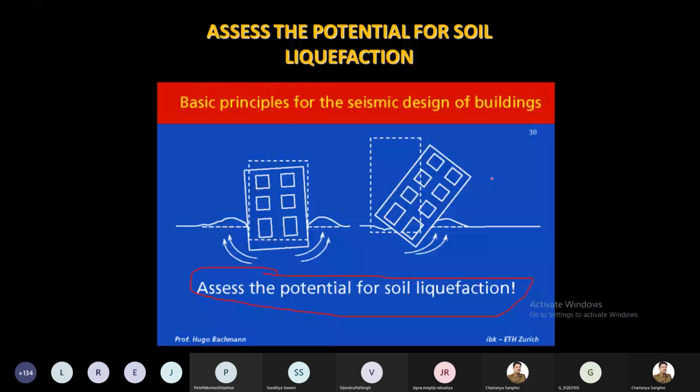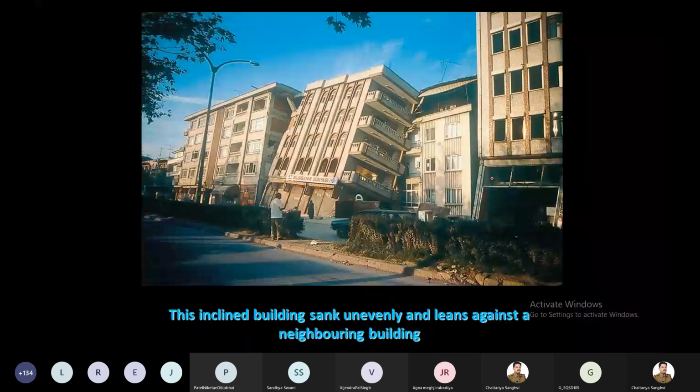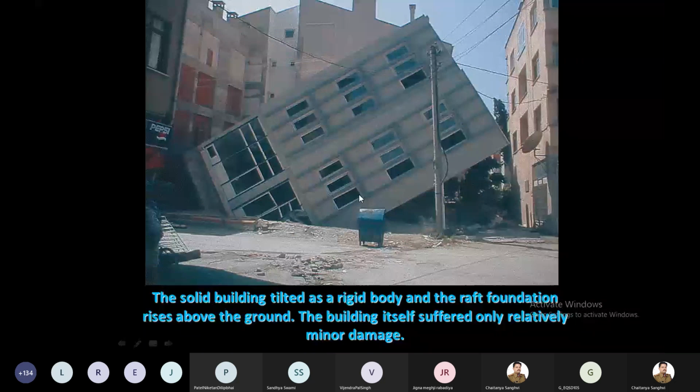Now you can see here liquefaction is observed. This is a better picture. You can see nothing has happened to this building, only tilting has taken place because of the liquefaction. This building is absolutely fine, nothing has happened from top to bottom. Only the tilting, right? If you can make it straight, again you can use this building. It is so good, but we cannot do that.